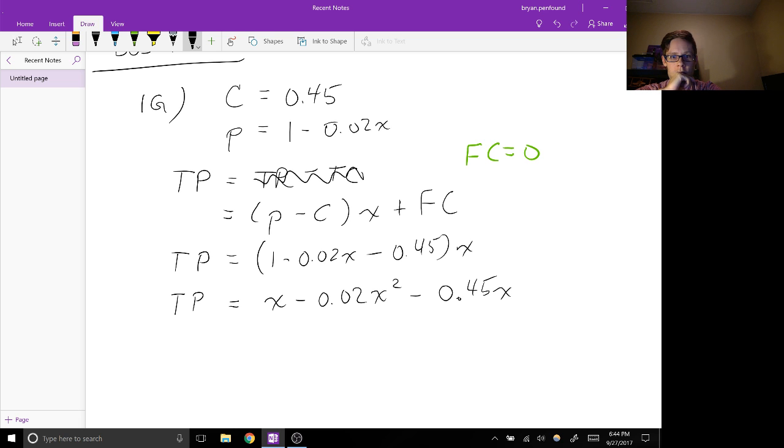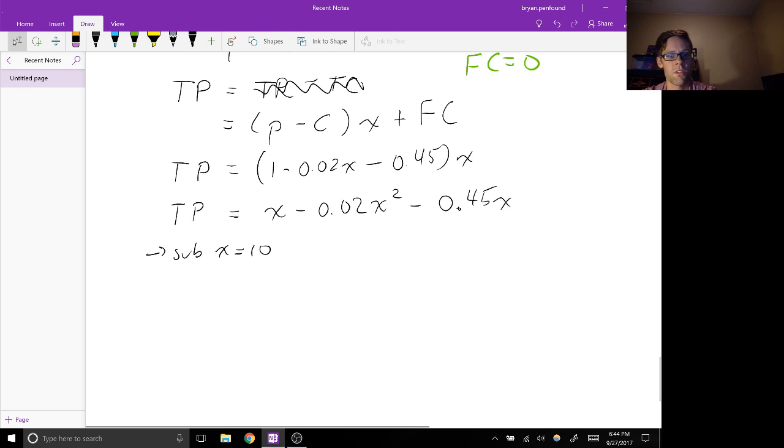So what do we want to do here? We want to figure out the total profit if 10 candles are produced. So here we're going to sub in x equals 10. Okay, so if 10 candles are produced, our profit should be 10 minus this.